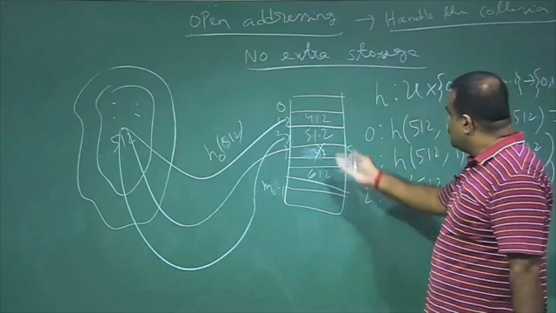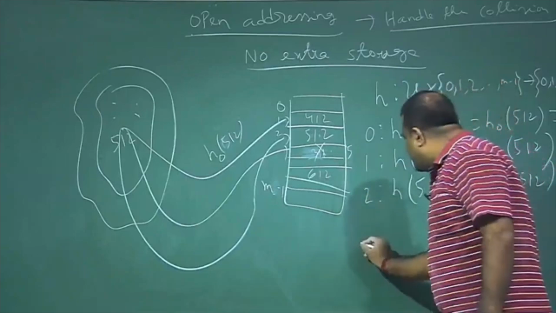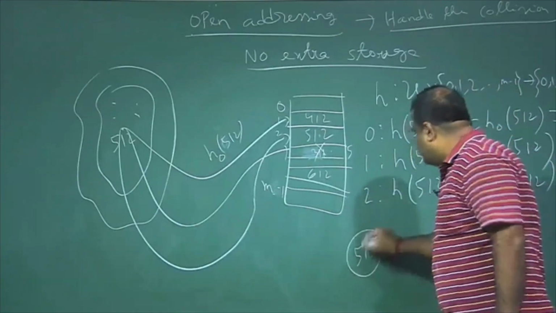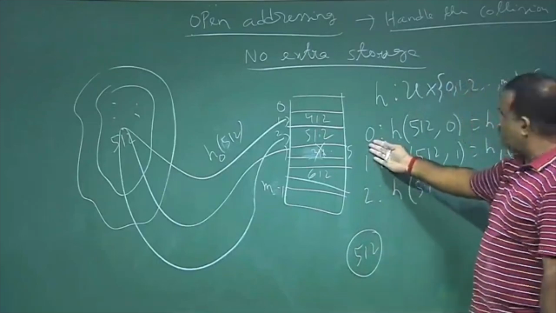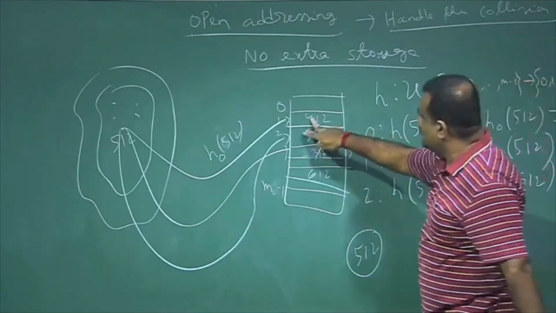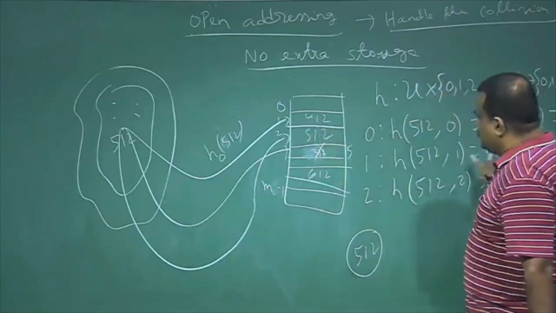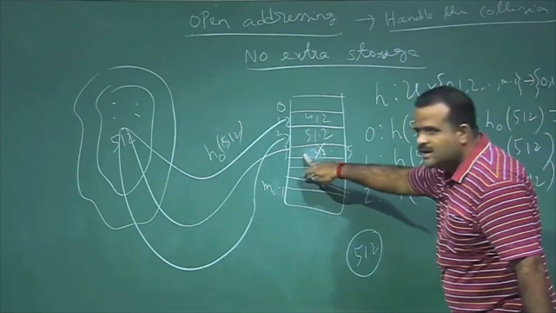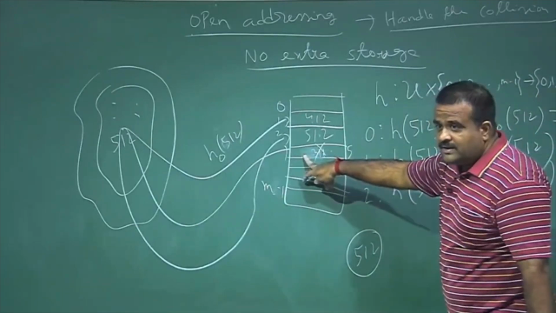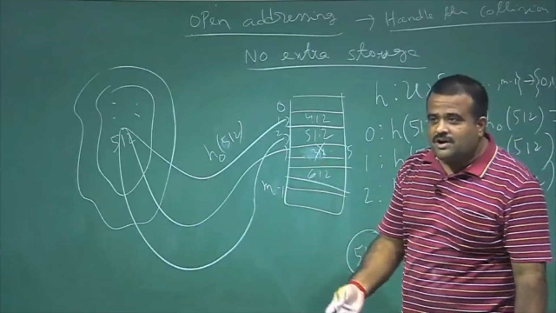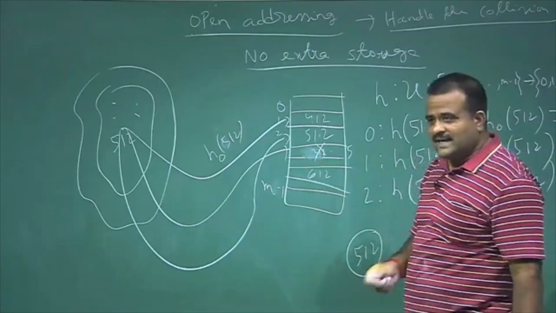After that, suppose we want to find 512. We apply the 0th probe, it hits here, then the next probe hits this slot, but we see it is empty. Then we may report that 512 is not there, but that is wrong.